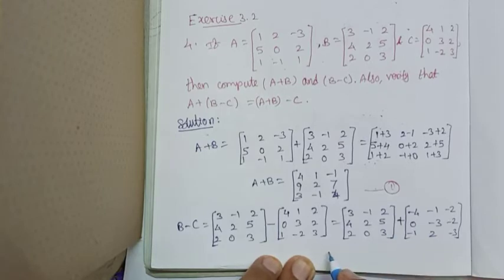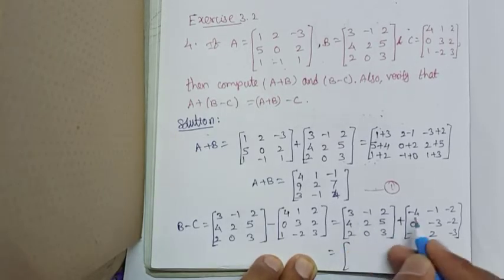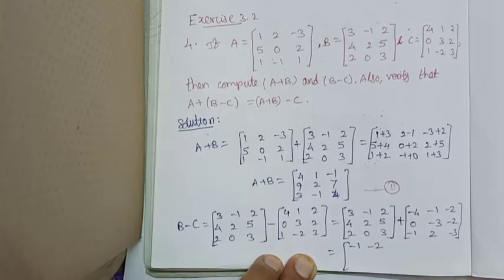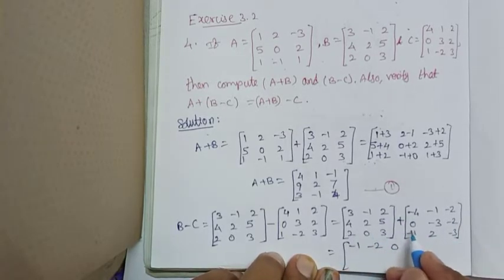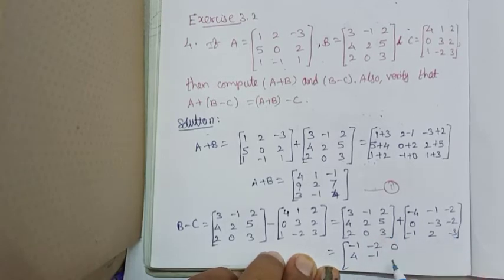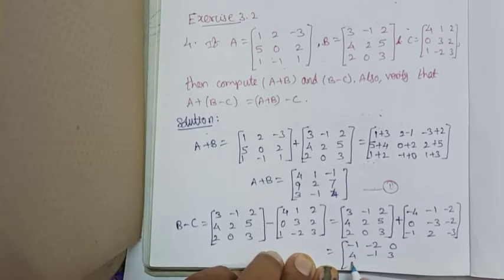So we get 3 minus 4, minus 1, minus 1 minus 1, minus 2. Next, 2 minus 2 is 0, 4 plus 0 is 4, 2 minus 3 is minus 1, 5 minus 2 is 3, 2 minus 1 is 1, 0 plus 2 is 2, 3 minus 3 is 0.